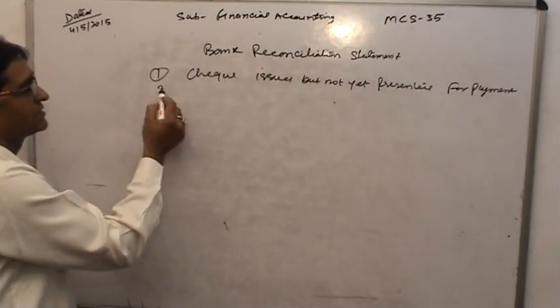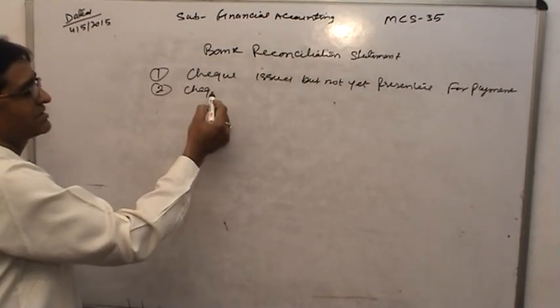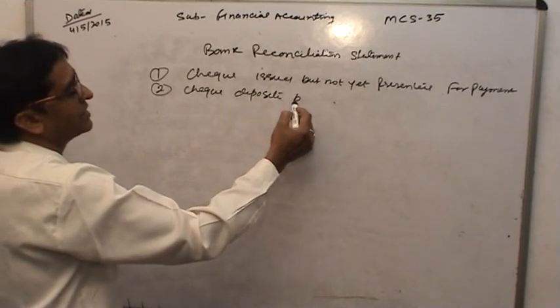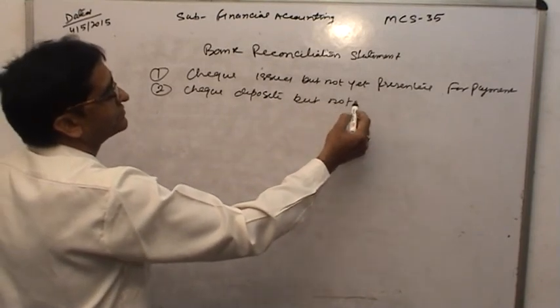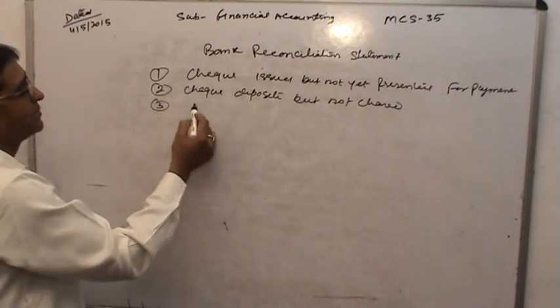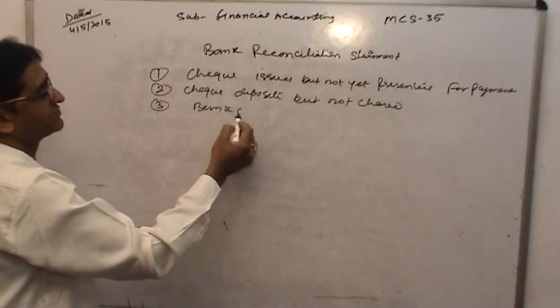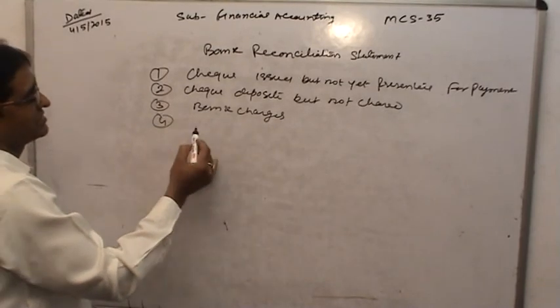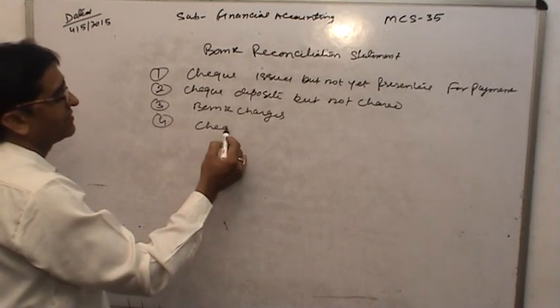Then second, check deposited but not cleared. Then third reason is bank charges. Then fourth is check dishonor.